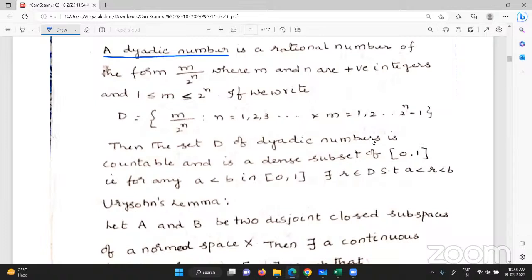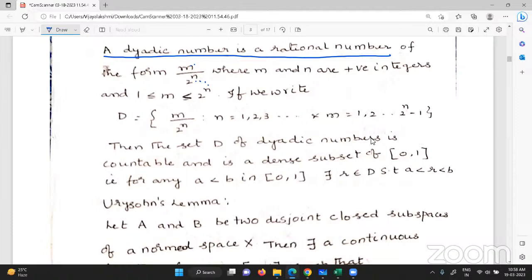What is a dyadic number? It is a rational number of the form m by 2 power n. Why have we taken m by 2 power n? This 1 by 2 power n is a geometric series, so that is the reason you will have a finite quantity here.